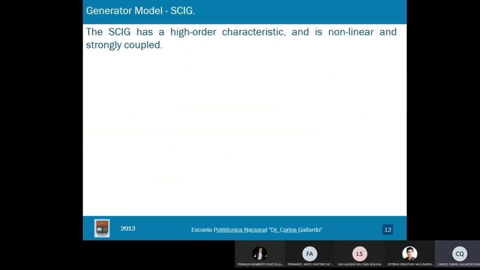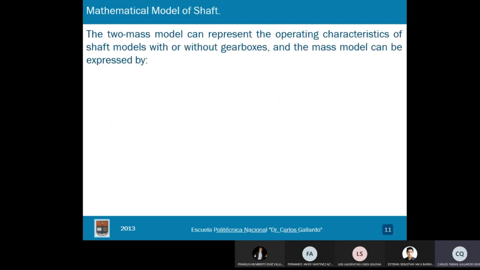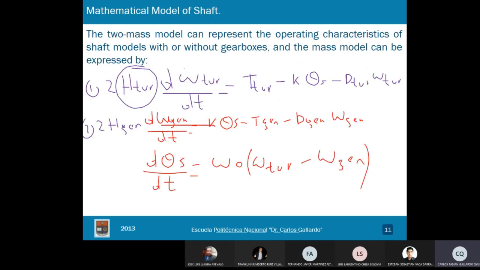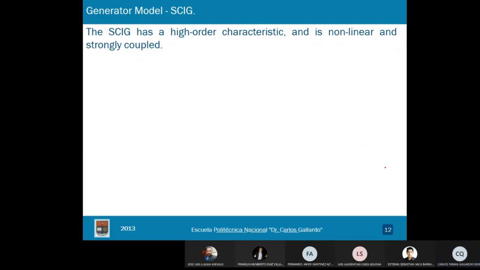So now I need to simplify the analysis. This is the model for the 2 mass, the mathematical model of the shaft, in other words. What I need is the generator model for the squirrel cage induction generator. To simplify the analysis, we usually assume the surfaces of the stator and rotor of the three-phase asynchronous machine are smooth, and the three-phase winding is symmetrical.